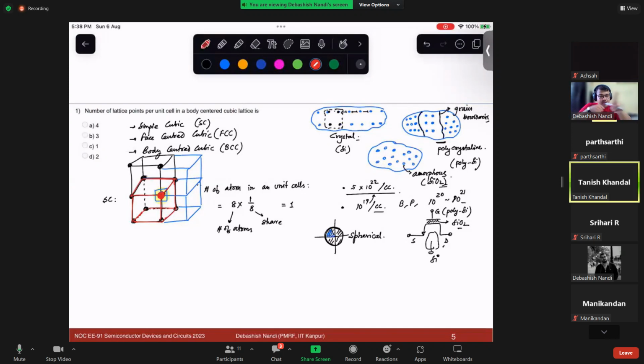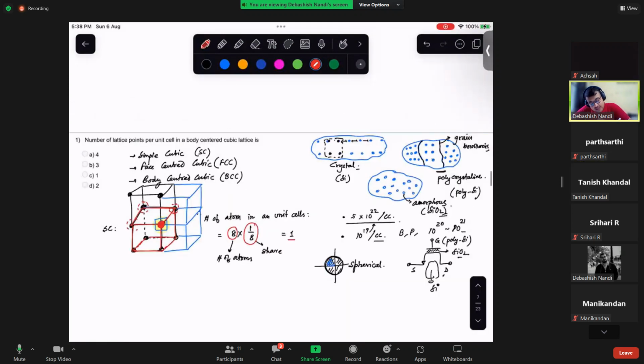So for one particular unit cell, its share is 1/8. That's how this share part comes. And 8 is the number of corner points, so you have 8 atoms, each with a share of 1/8 to the particular unit cell. Now do you get how one atom per unit cell is the answer? Yes, sir. Thank you. Okay, now you answer me the next thing.